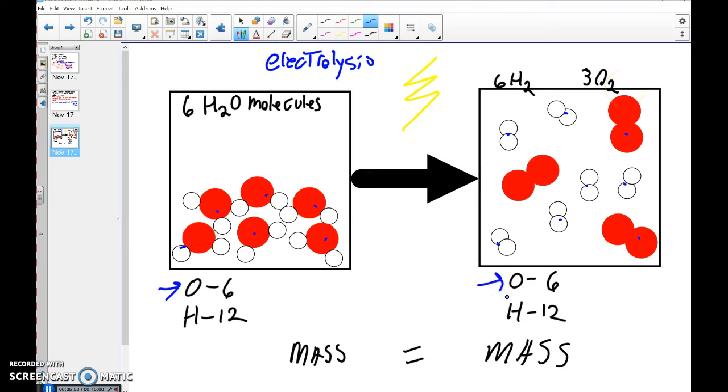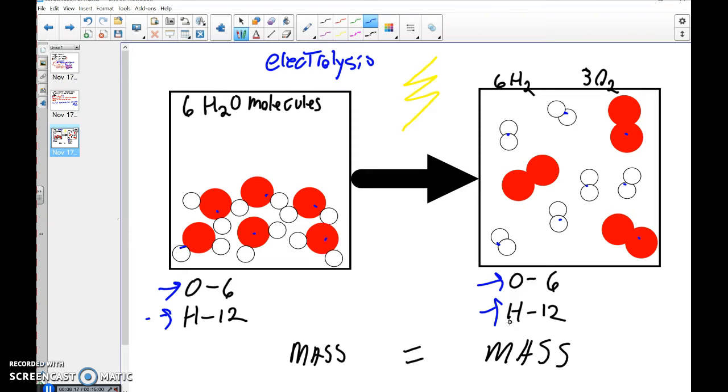So the number of oxygens has not changed. Law of conservation of mass. Over here, my 6 H2O molecules have 12 hydrogens. Here, my 6 H2 molecules have 12 hydrogens. It has changed form, but I still have the same number of hydrogens. The law of conservation of mass.